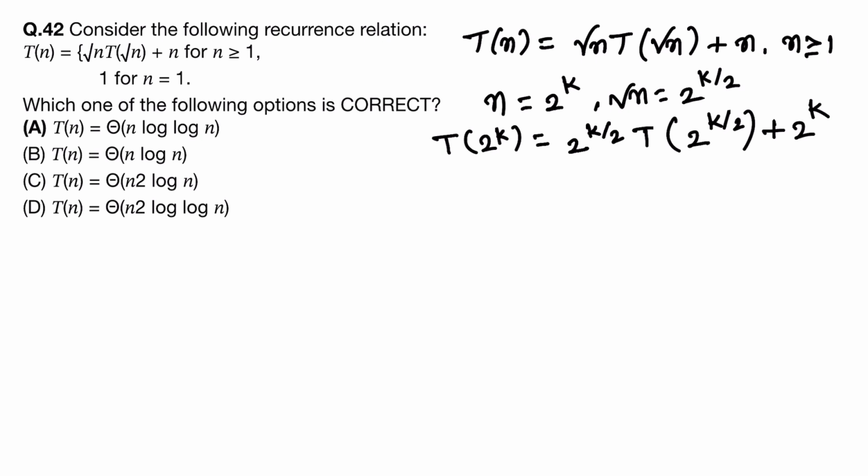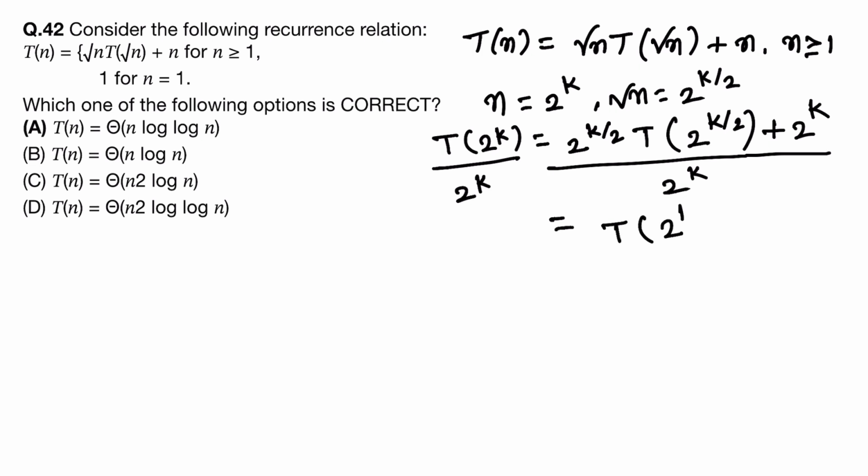I can just divide both sides by 2 to the power k. So on this side, T of 2 to the power k by 2 divided by 2 to the power k by 2, plus 1.